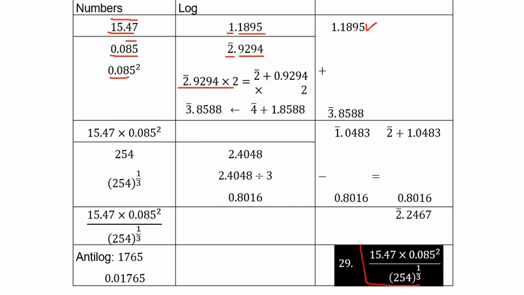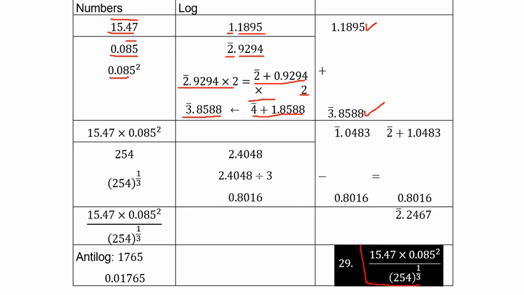So we can factor out the negative from the decimal part. So we have something like this, multiplied by 2. Multiplied by 2, you have this result now. Then we have to add bar 4 plus 1. That is -4 plus 1. That gives bar 3.8588. So let's keep this result here.